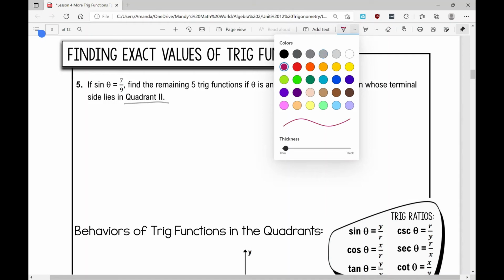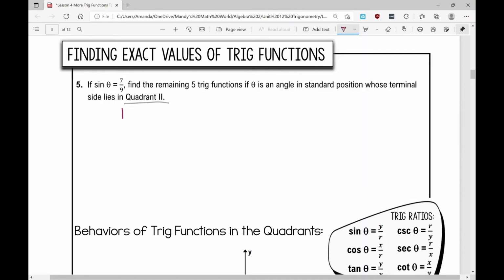Okay, well, let's sketch it. We know that it's in standard position. We know the vertex is at the origin, and I know that sine of theta is 7 over 9. I know sine to be y over r, and I know that the terminal side lies in quadrant 2.